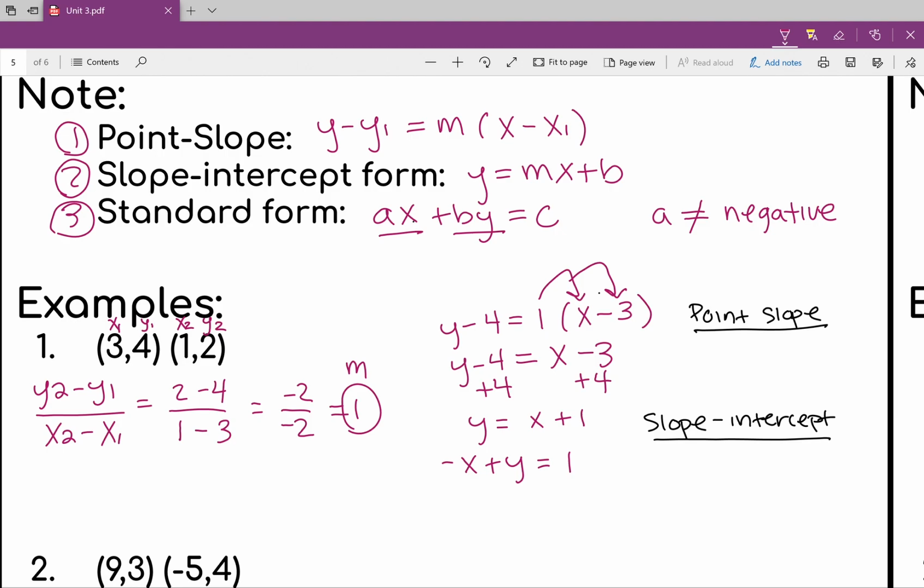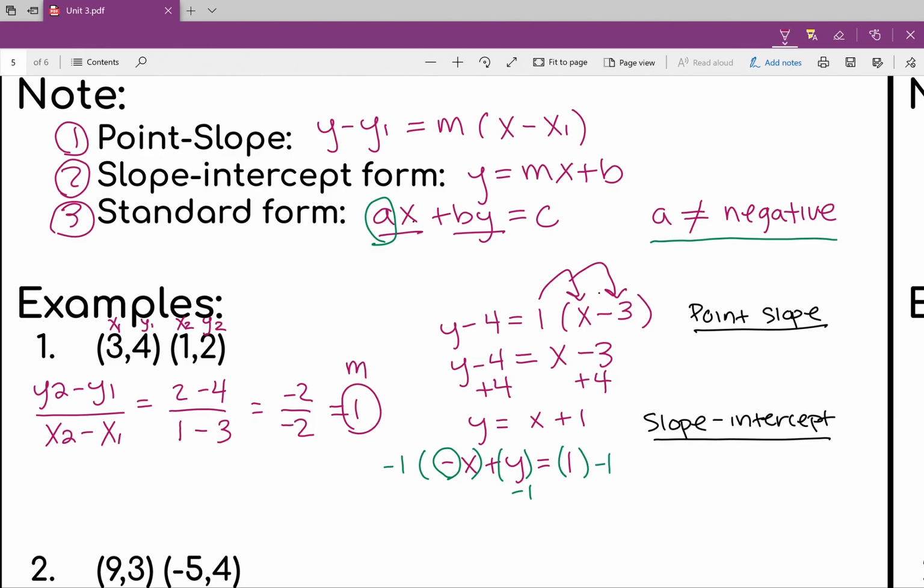But remember, I said that a can never be negative, and a is the number in front of x. So right now, the number in front of x is a negative 1. So what I need to do is multiply every single term by negative 1.